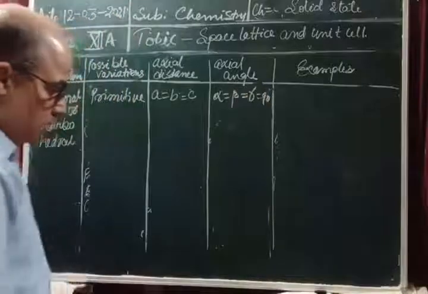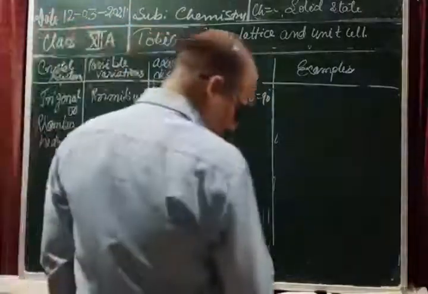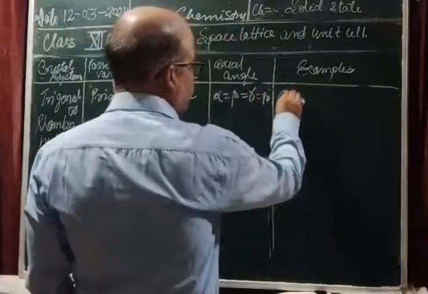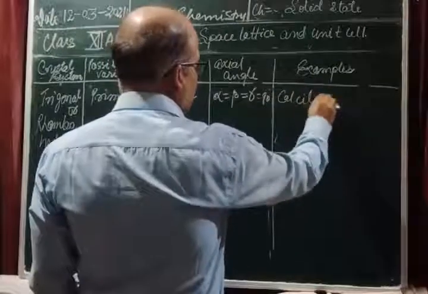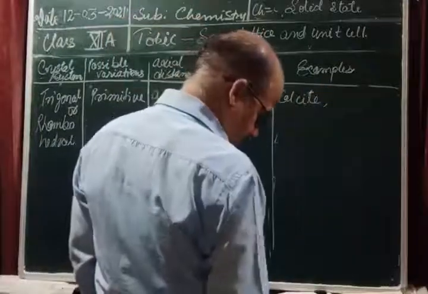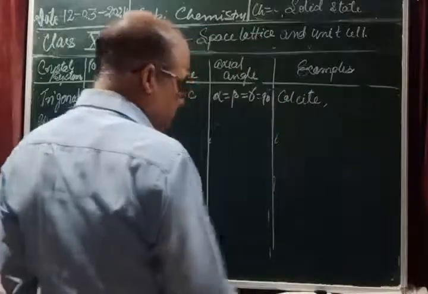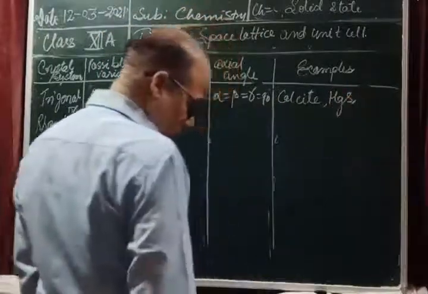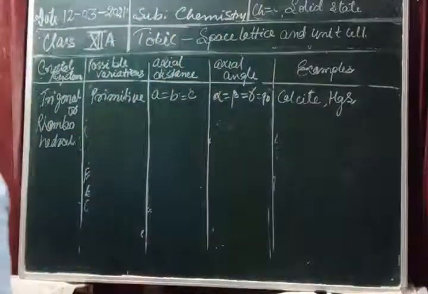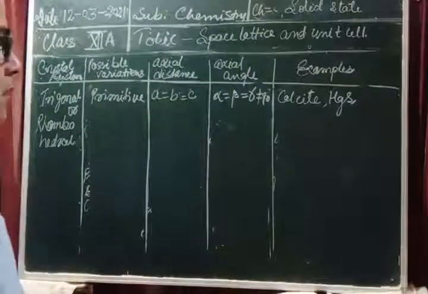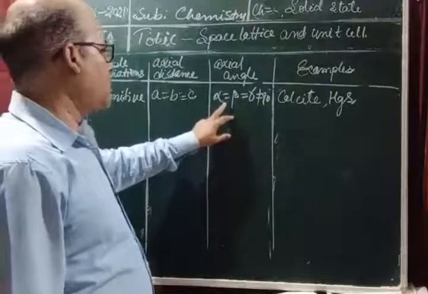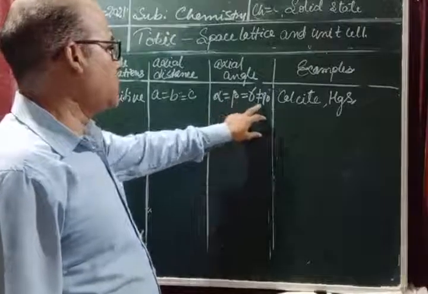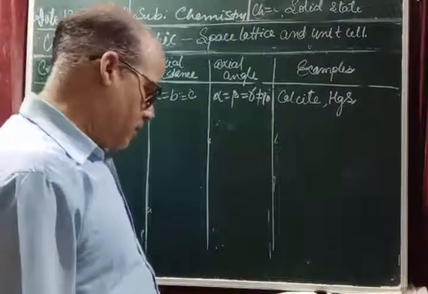And example is calcite and zinc sulfide, mercurous sulfide. Here angle is alpha equal to beta equal to gamma is not equal to 90 degree.